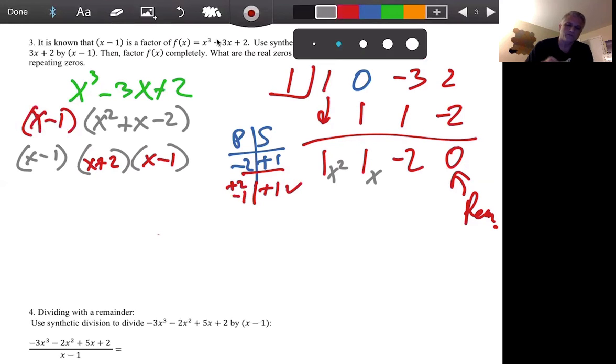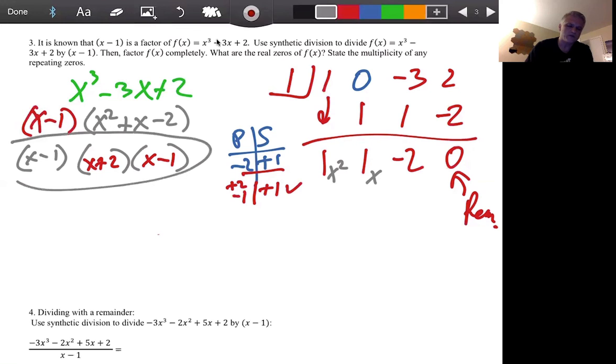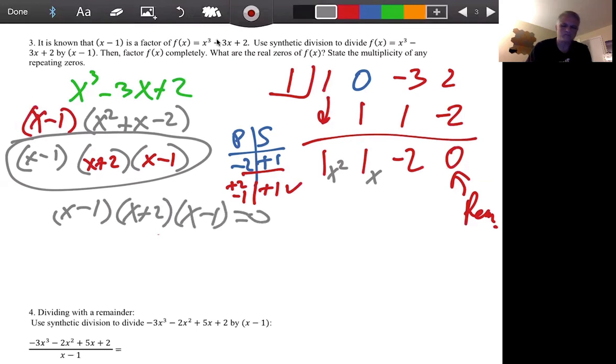So part 1, factor it fully. It's factored. Part 2, what are the real zeros? So if I set this equal to 0, and you split it, you've got x minus 1 equals 0, x plus 2 equals 0, and x minus 1 equals 0.